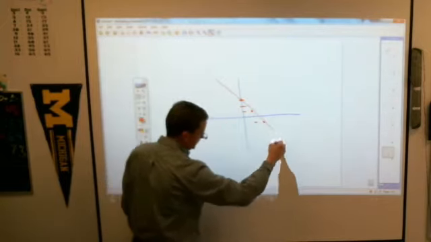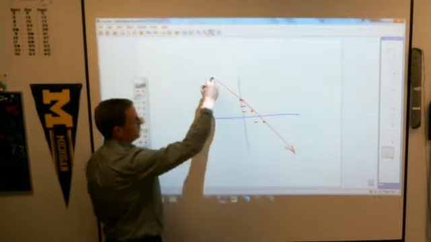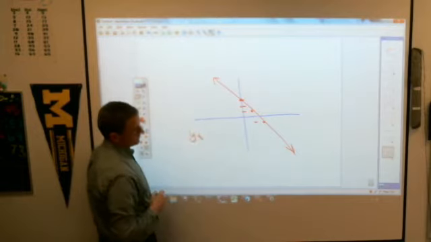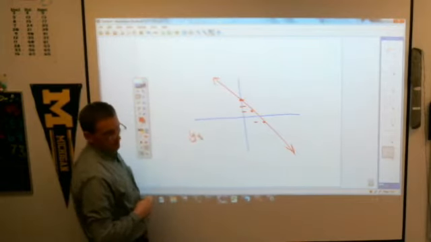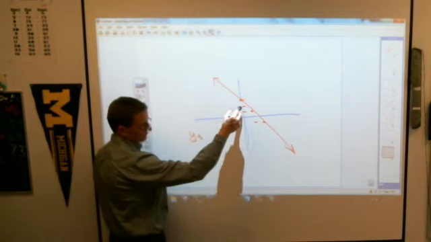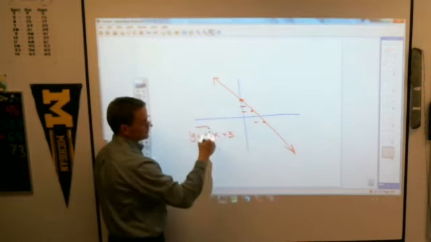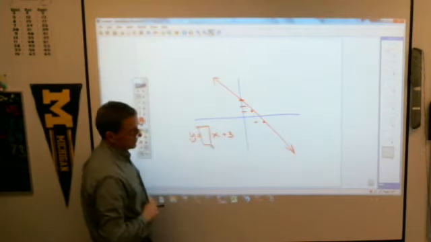If I asked you for the equation of that line in slope-intercept form, you would say y equals what? First of all, where does it cross the y-axis? Positive 3. So you know that's going to be a 3. Then you just need to figure out what the slope of it is and put it in front of x.